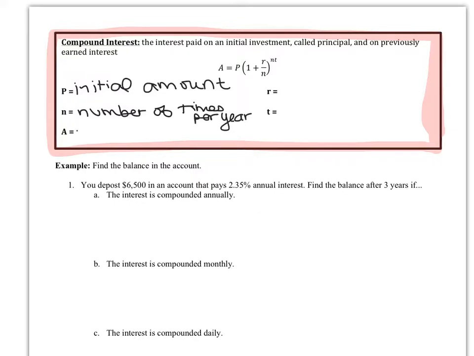A is the amount after T years. T is the number of years. And R is the annual interest rate.